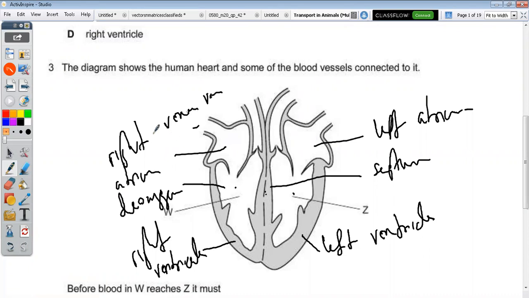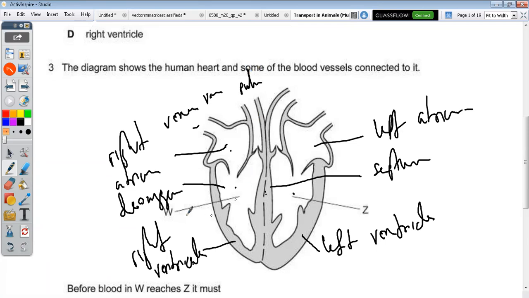All veins join to the vena cava, which brings deoxygenated blood. This contracts and pushes the blood into the ventricle. Then the ventricle, because it's deoxygenated, has to push the blood to the pulmonary what? Pulmonary artery.